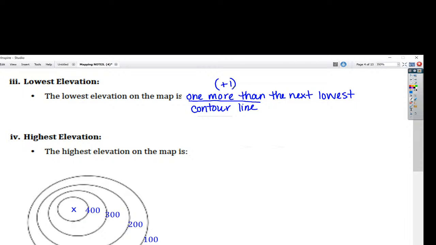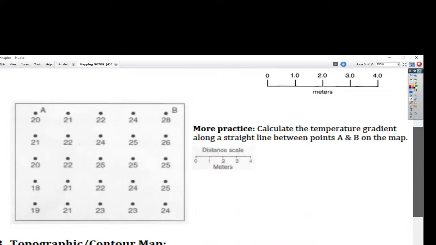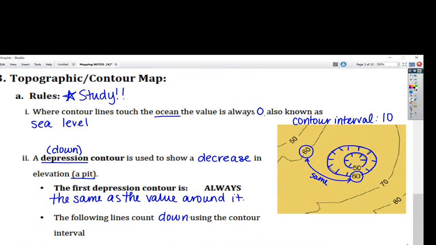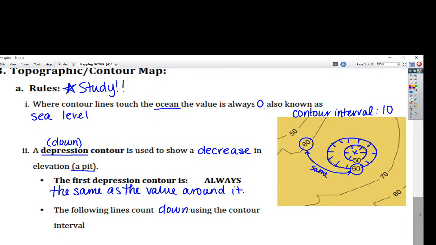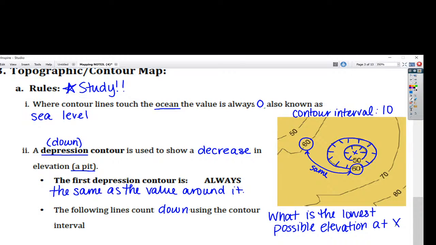So going back to the previous example on the page at the bottom, okay, I'm going to put a little X in the center. And I'm going to ask you, and you can write this if you want, what is the lowest possible elevation at X? Okay, in the center there.